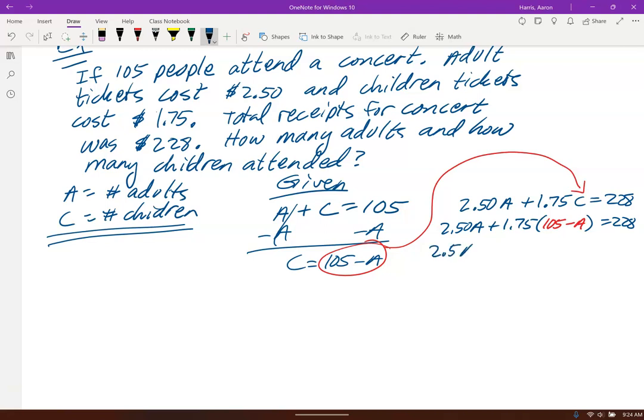So I got 2.5A plus 105 times 1.75, 183.75 minus 1.75A equals 228. I'm going to combine like terms. 2.5 minus 1.75 gives me 0.75A.